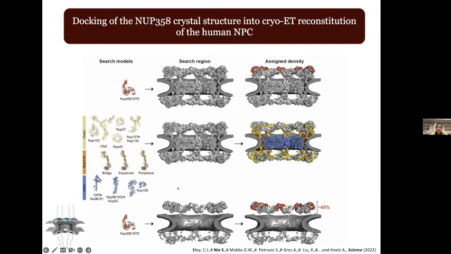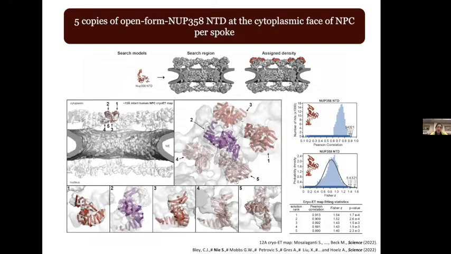Another way is to take out what we already know and only search for the model in the leftover density, to see whether these two methods give us similar results. If the results are similar, we can see 5 copies of the open form of 358 dock into the cytoplasmic face of this nuclear pore.